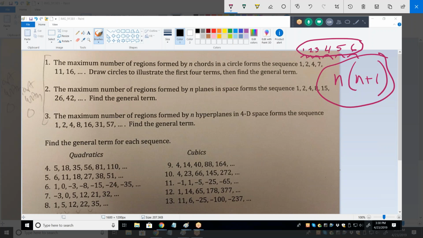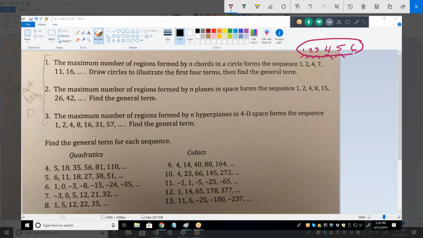Let me see. I'm trying to see if I can remember this properly. a_n equals a n squared plus bn plus c. Okay.